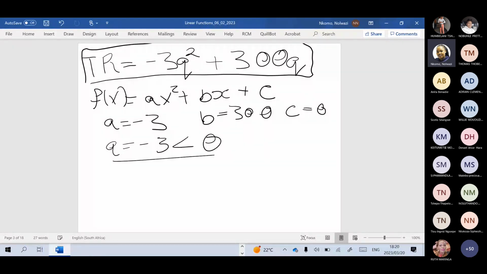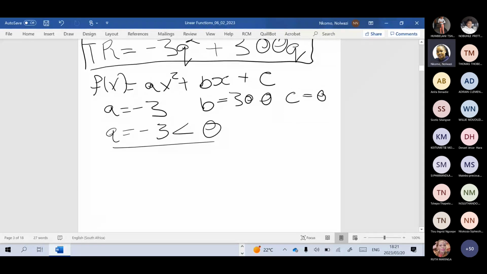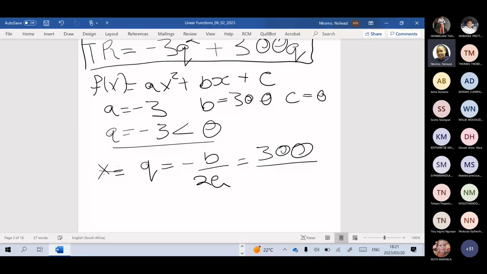And I said the equation for finding a turning point is x equals, okay, in this case it's Q. Q equals minus B over 2A, right? And our B, in this case, is 300. And our A is minus 3.